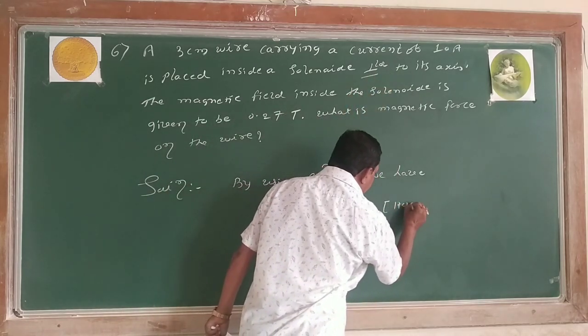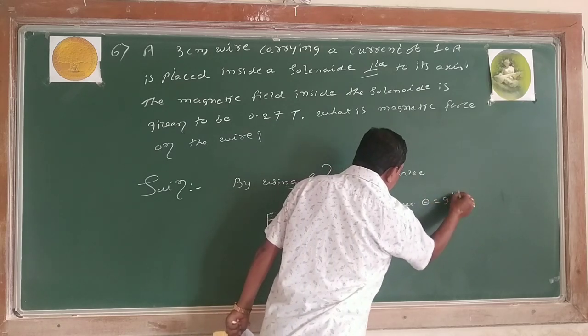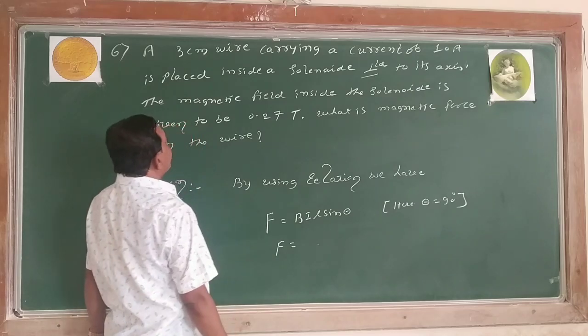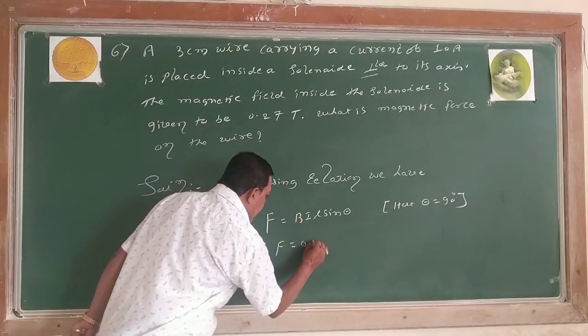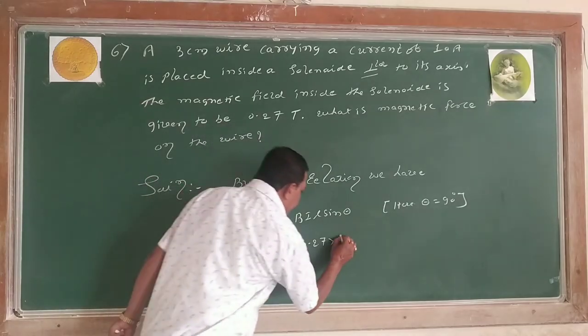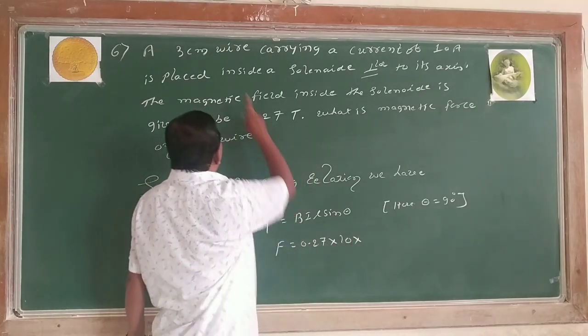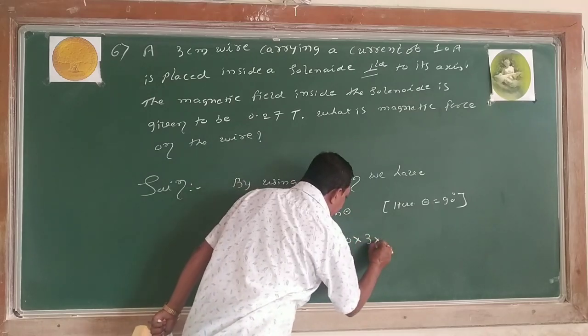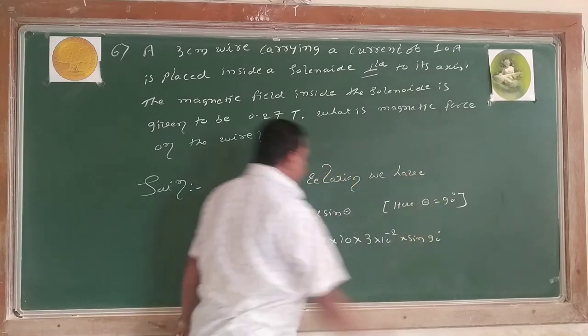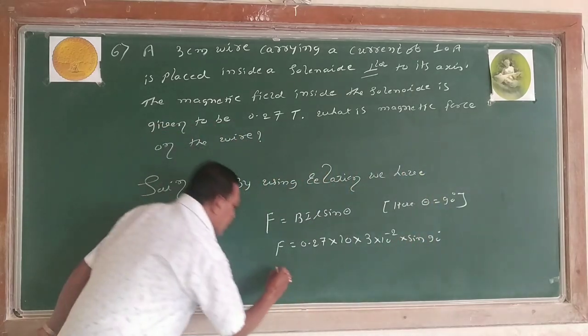Here theta equals to 90 degree. F equals to, what is B? Magnetic field 0.27 Tesla. What is current? 10 amperes. What is length? 3 centimeter. Sin 90. Sin 90 is how much? 1.